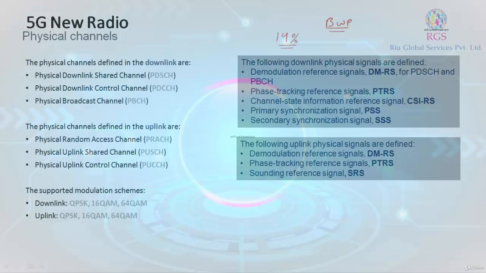So with the help of demodulation reference signals, you can measure how much of the channel you are going to use. You will do the channel estimation only on that particular channel, not everywhere else. Out of 400 megahertz, if a UE is getting access only on 4 megahertz, he will do the channel estimation only on that 4 megahertz.